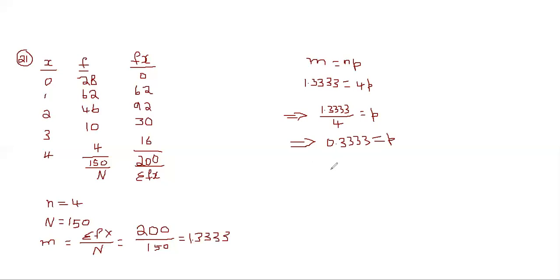Then q is equal to 1 minus p, is equal to 1 minus 0.3333, is equal to 0.6667. Okay.